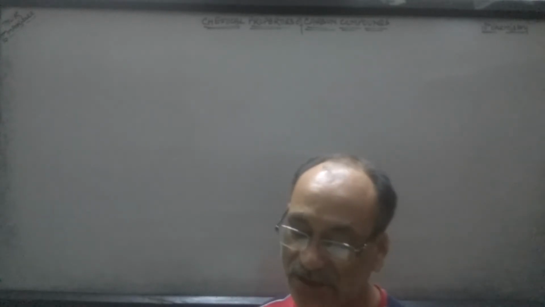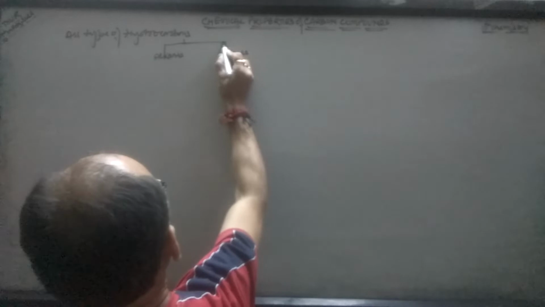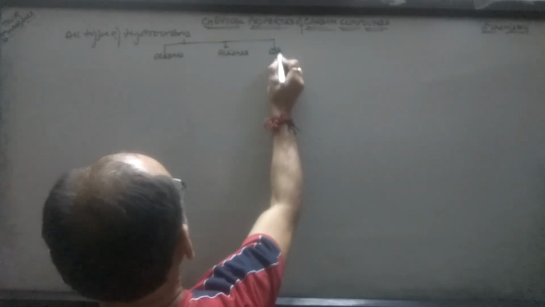So combustion reactions occur in all types of hydrocarbons. Hydrocarbons means, this is for alkanes, this is for alkenes, and this is for alkynes.